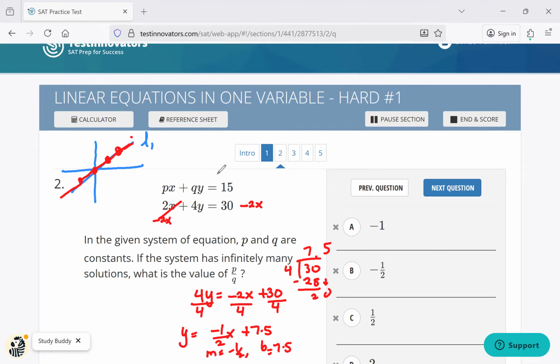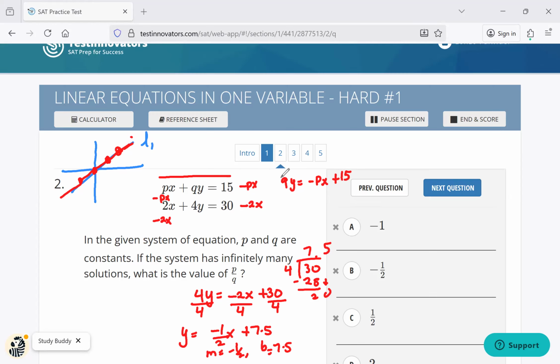So what we're going to do is do the same thing here. We're going to get y by itself, and let's see what happens. So if I want to get y by itself, I'm going to have to subtract px from both sides. So you get qy equals negative px plus 15. And then you're going to solve for y by dividing.